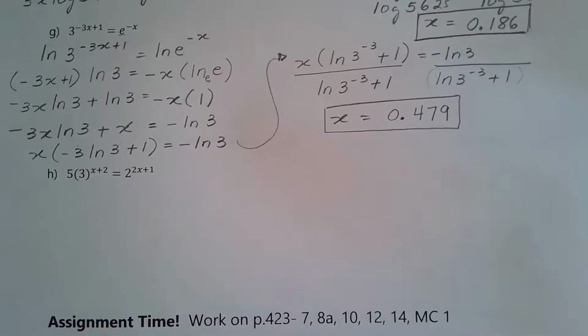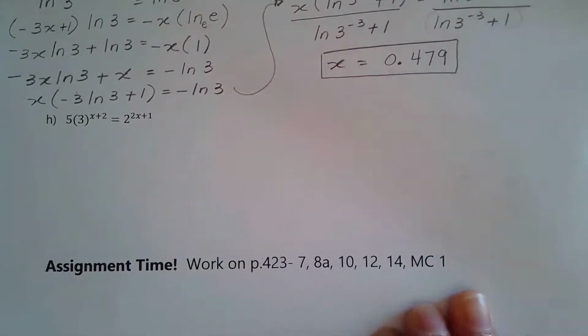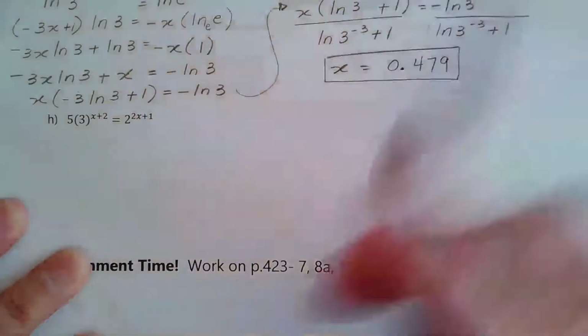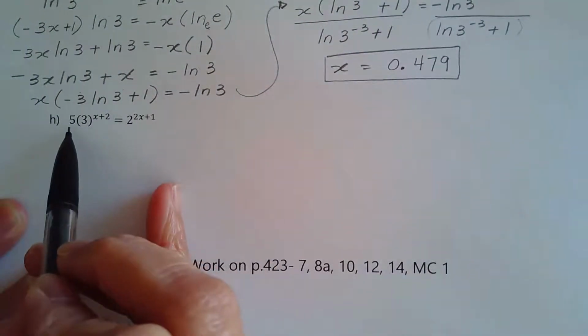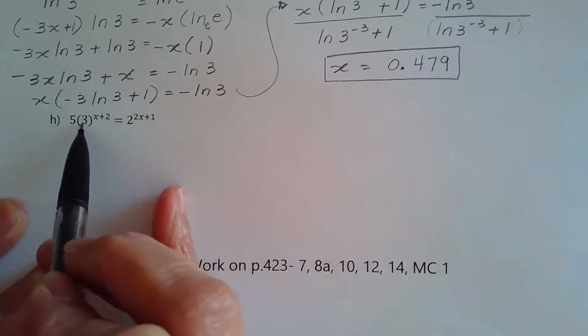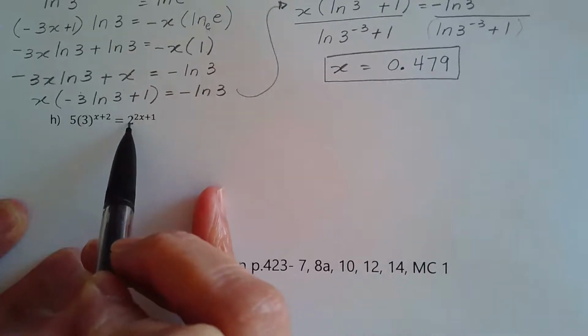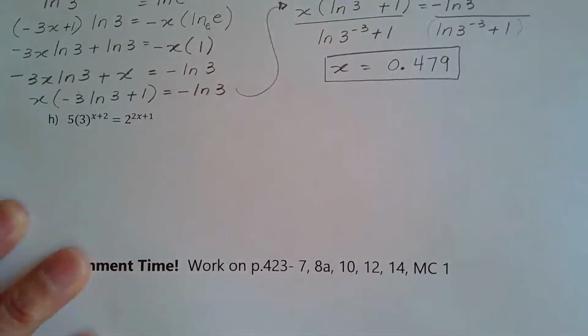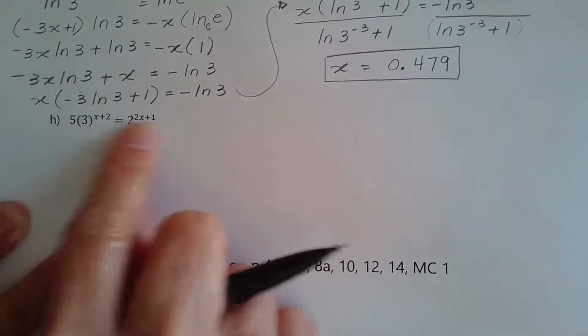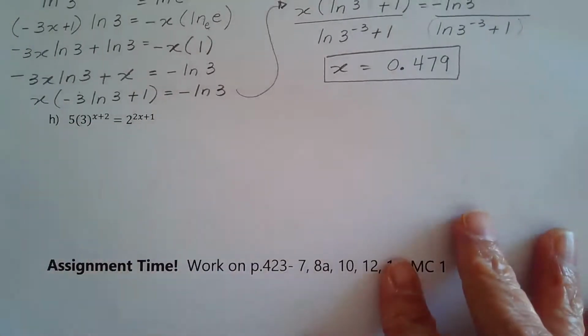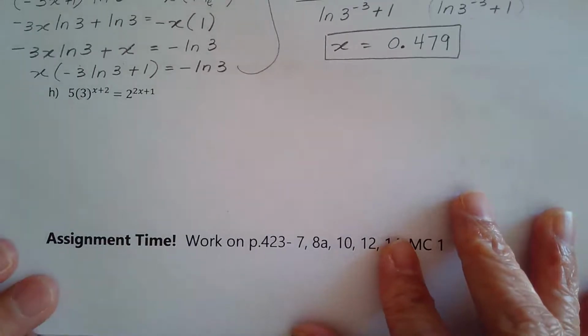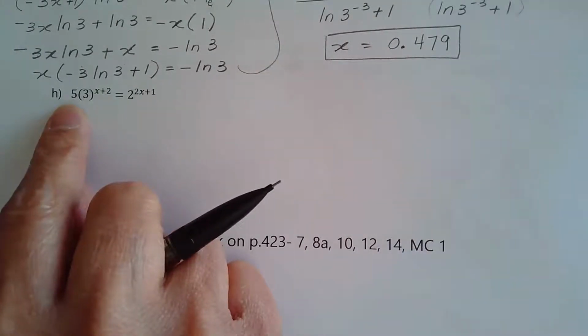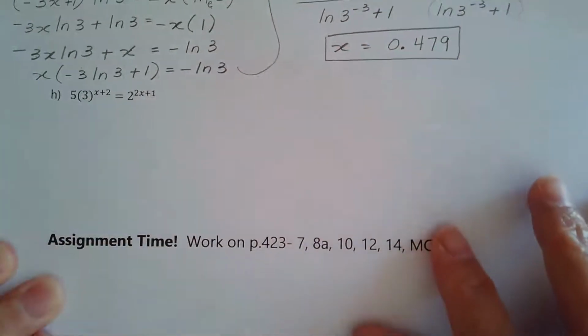We're on the very last one. Let's take a look at the last one. Again, you've got the base 3 here, and this one's a base 2. We can't make them the same. So this is going to be a big one. Take the logarithm of each side of the equation.